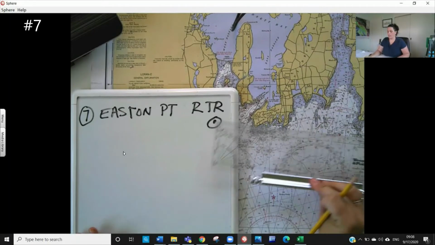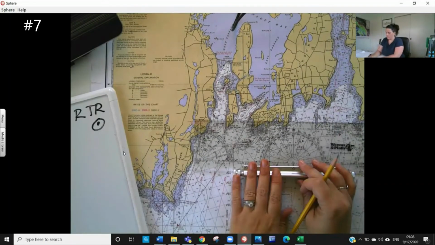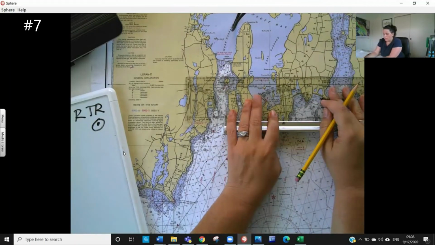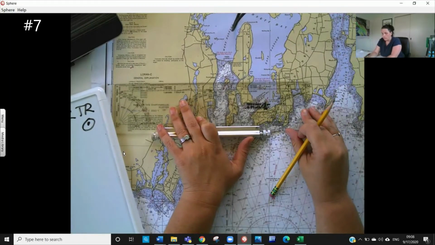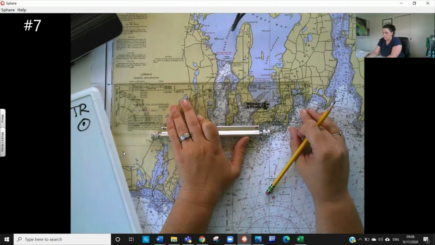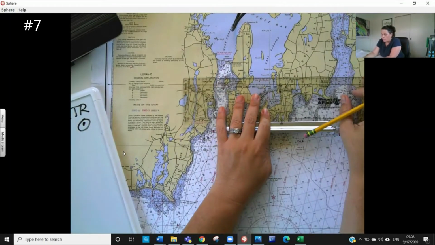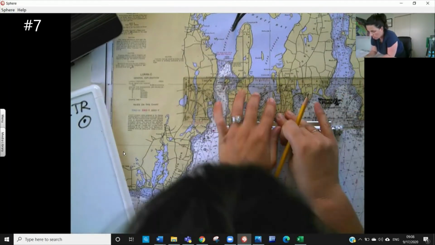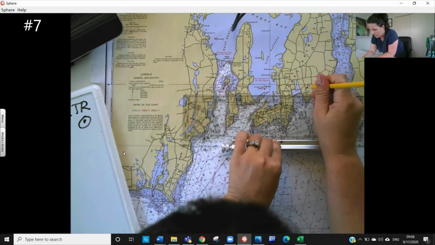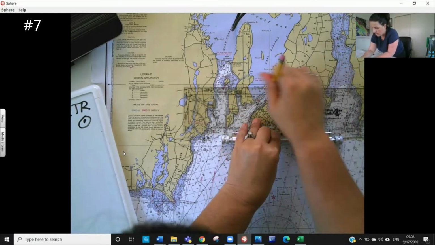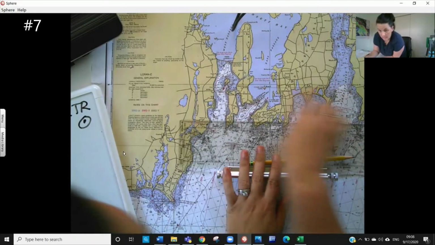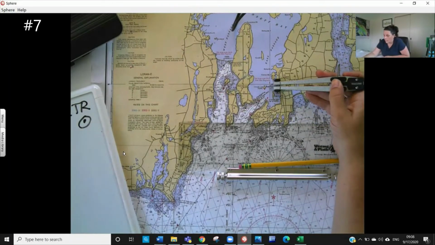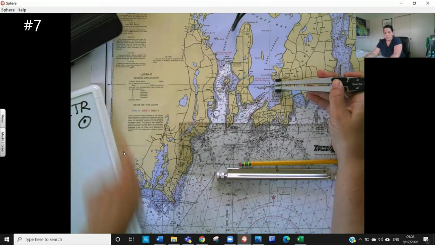So this time I'm going to use the roll plotter, just trying to keep things mixed up here. I'm going to start with my latitude. I'm not going to be able to reach it, so I'm just going to parallel my latitude line down until it hits the tower, and then I'm going to draw it across. So this is my latitude line, and I am going to see how far it is from this 30 line.